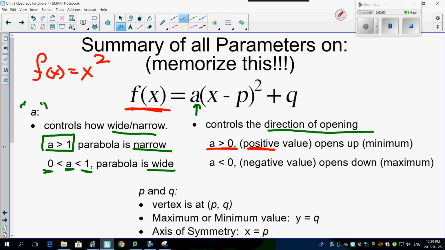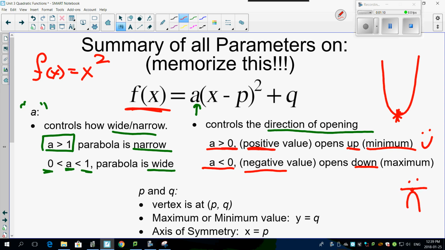It opens up, which means, look at this, one thing that we didn't talk about is the fact that it will have a minimum value. So we can call this our happy parabola. If a is negative, this opens down, so we call it our sad parabola. And sure enough, a sad parabola has what we call a maximum value.